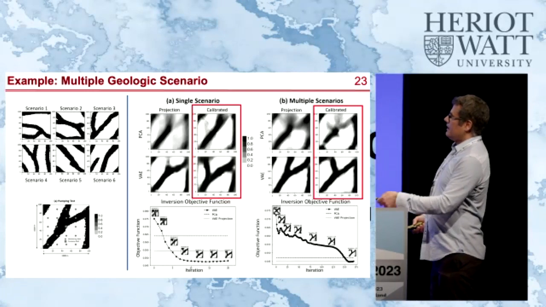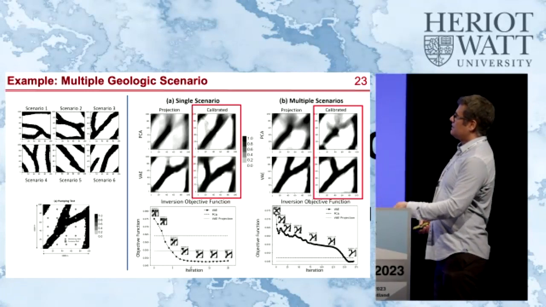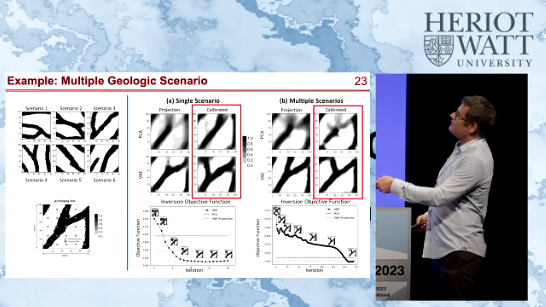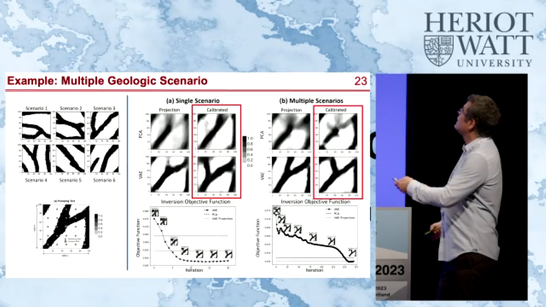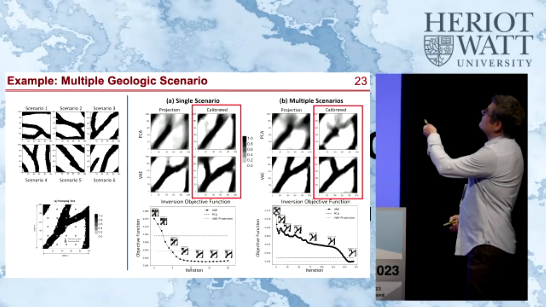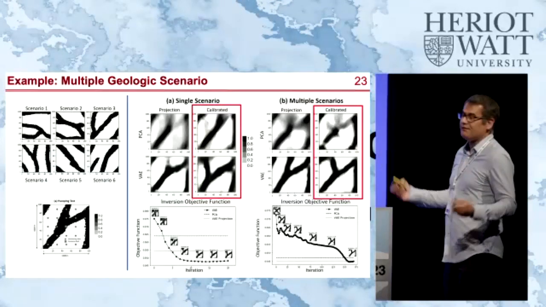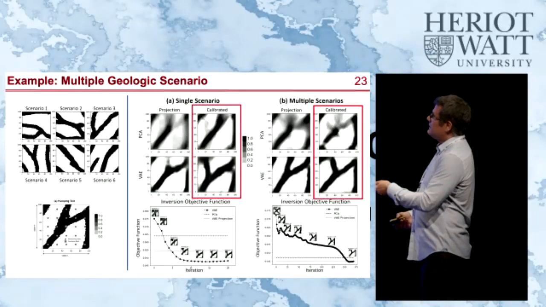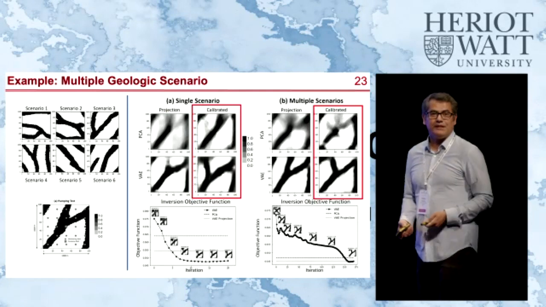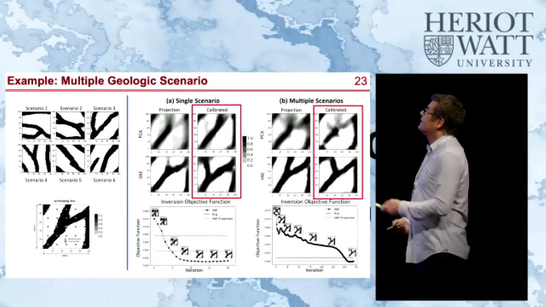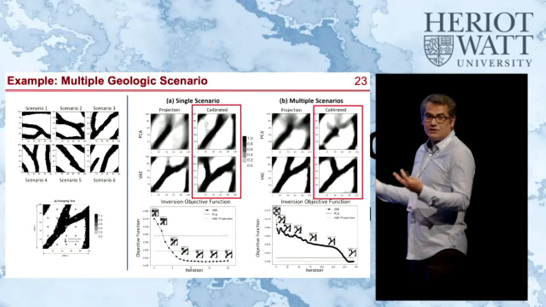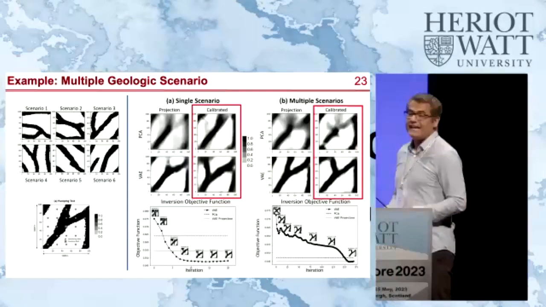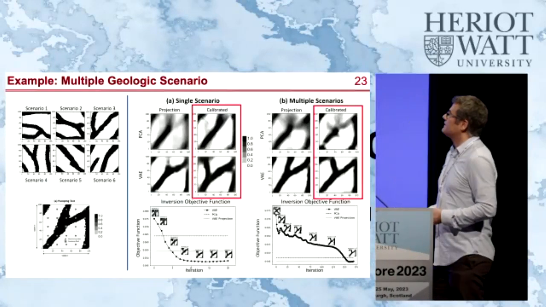These are the inversion iterations for when we have one single scenario, so we don't have diversity, versus when we have multiple scenarios, where the patterns are quite diverse. What we see is that the VAE that we use here is not affected by the diversity, but on the other hand, traditional methods such as PCA are affected negatively by introducing diversity.